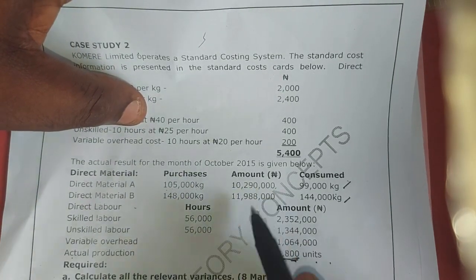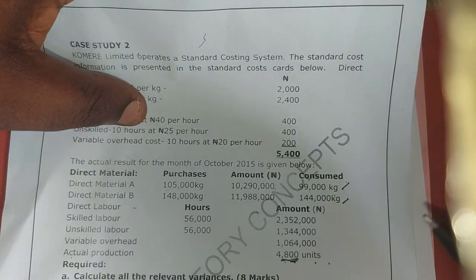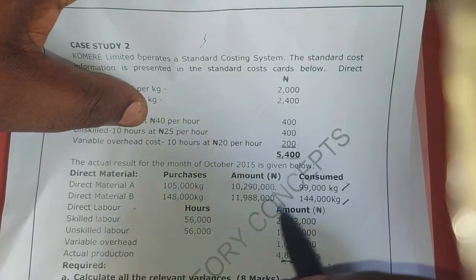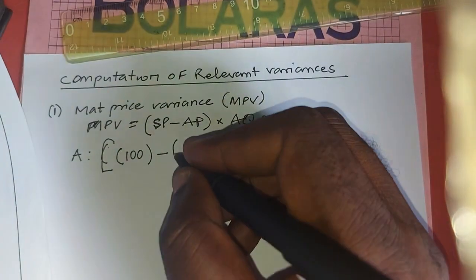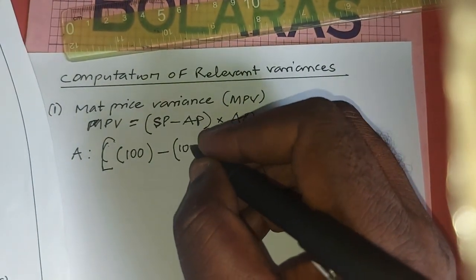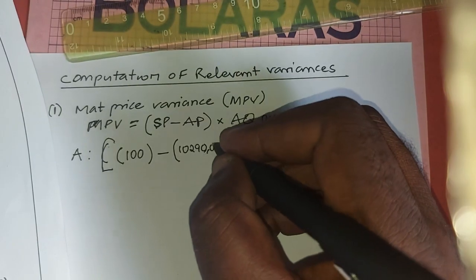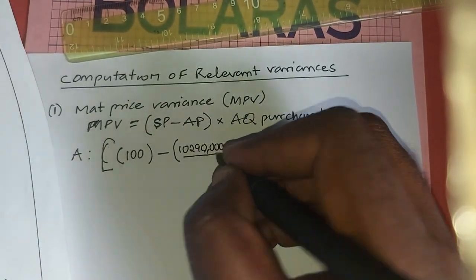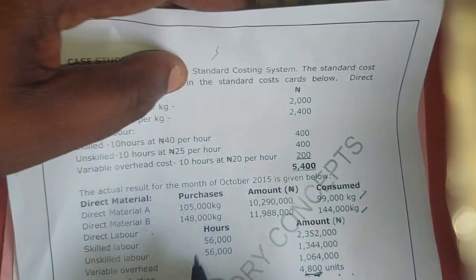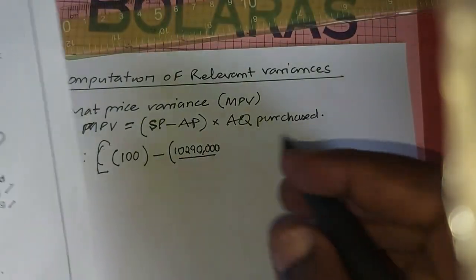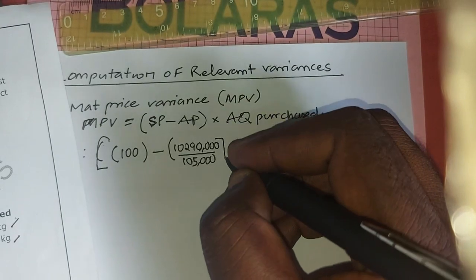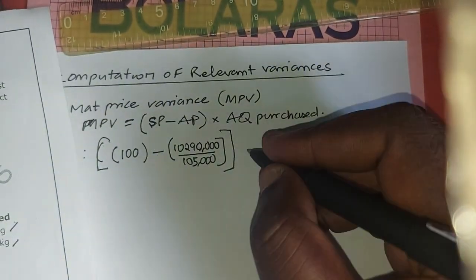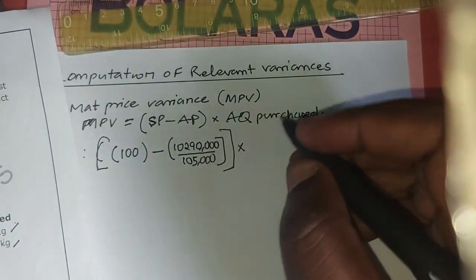Are you with me? So to get the price of material per unit, you divide this figure by this figure. So we have 10,290 divided by the quantity purchased, which is 105. All right, then you close your big bracket, multiply by actual quantity purchased.